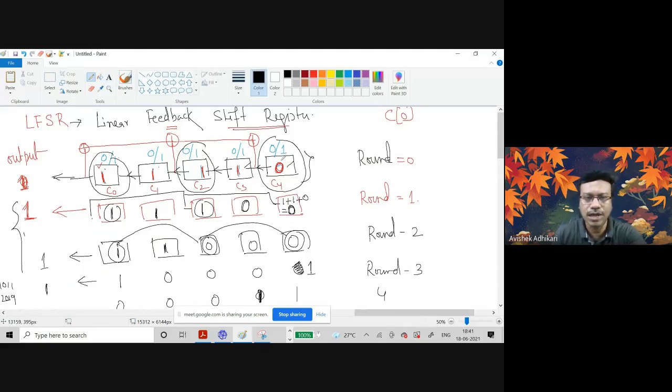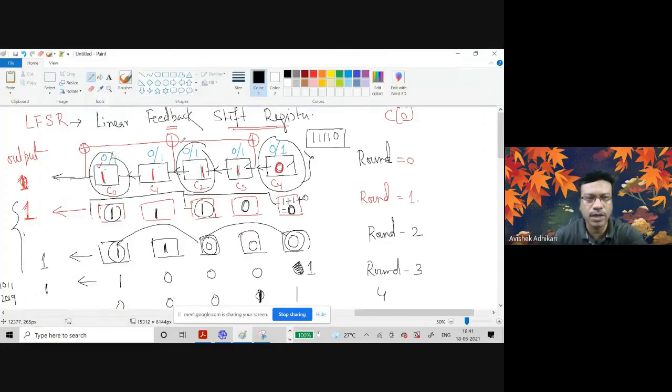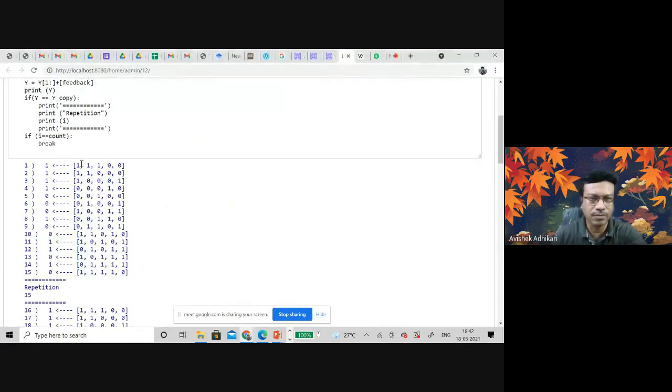In the starting box, I started with 1, 1, 1, 1, 0, just 5 bits. The initial state of the registers comes out first as output, 1, 1, 1, 1, 0, and then something else.